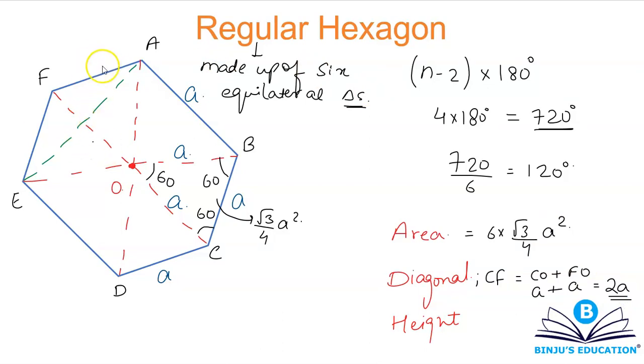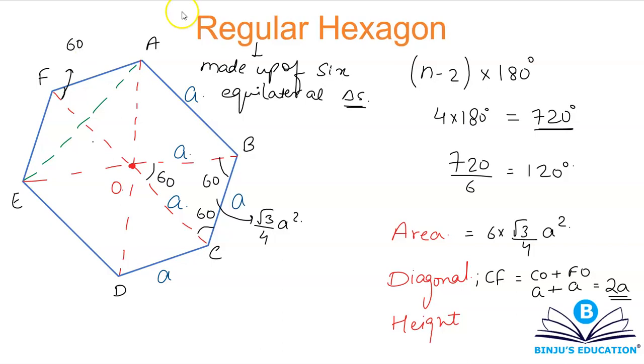For that I have already connected A with E. Now since it's a regular polygon, CF is going to meet AE at an angle of 90 degrees. Or let's suppose we do not believe in that, no problem. I know that this angle is 60, right? Now it's a regular polygon, so the diagonal is going to bisect the vertex angle.